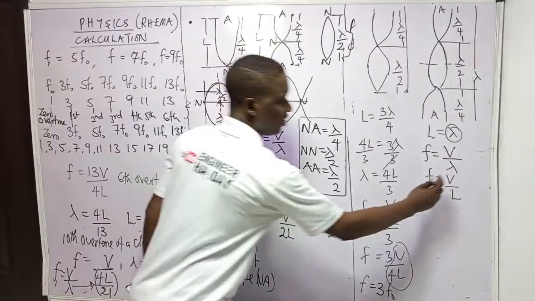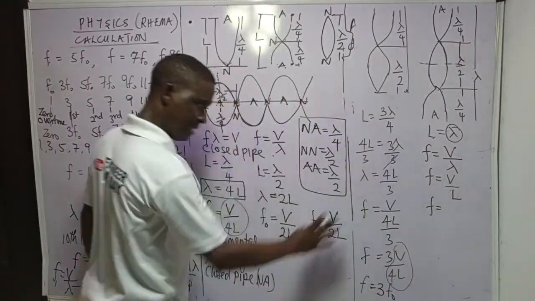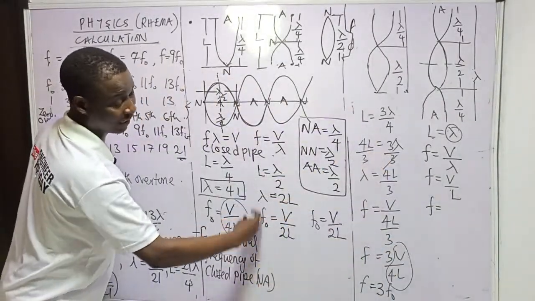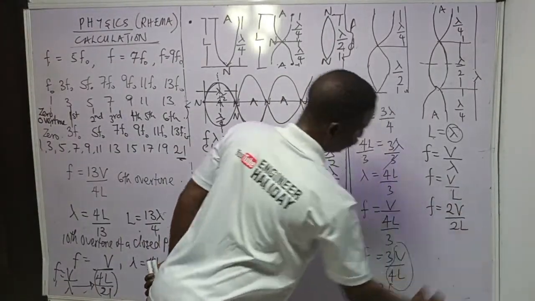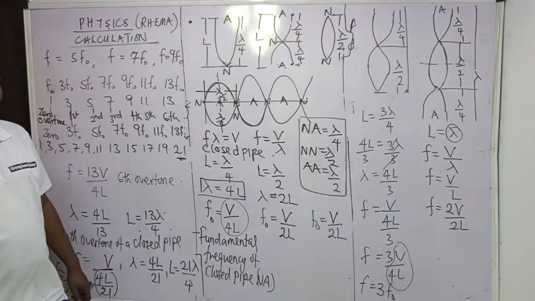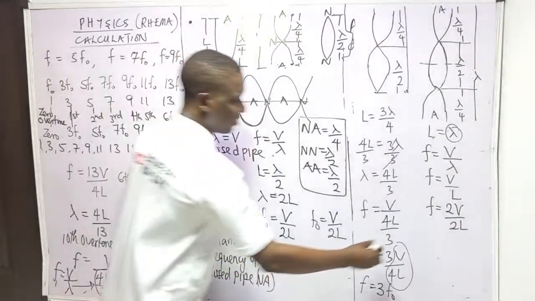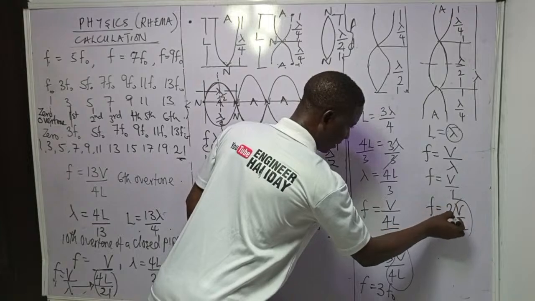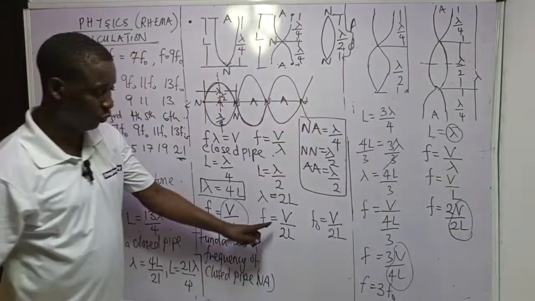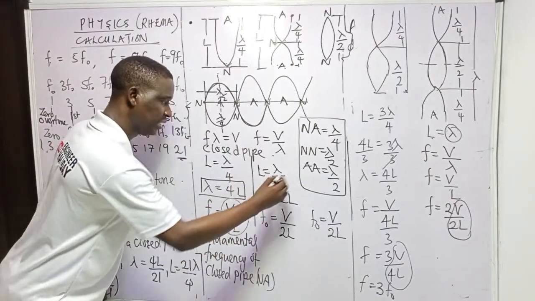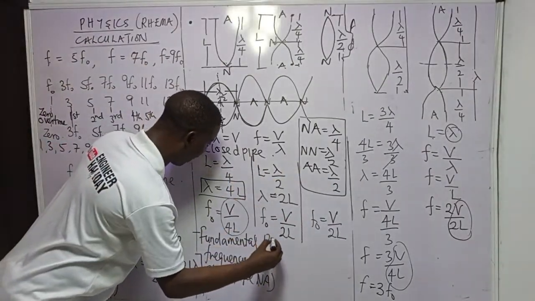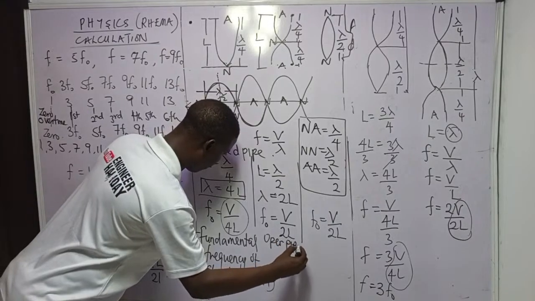I can write it as 2V over 2L. Do you agree? Yeah, it's the same thing. So that I can show you fundamentally that something is showing there. Look at it, the fundamental frequency for an open pipe. I show you.